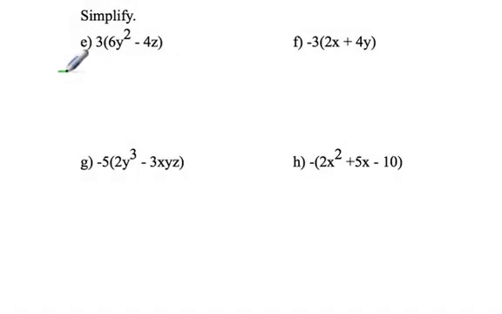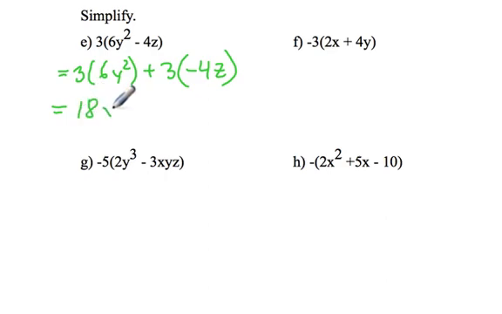Question E, we can use the distributive property. 3 times 6y squared plus 3 times negative 4z equals 3 times 6y squared is 18y squared, and positive 3 times negative 4z is negative 12z. So 3 times 6y squared, 18y squared. 3 times minus 4z equals negative 12z.